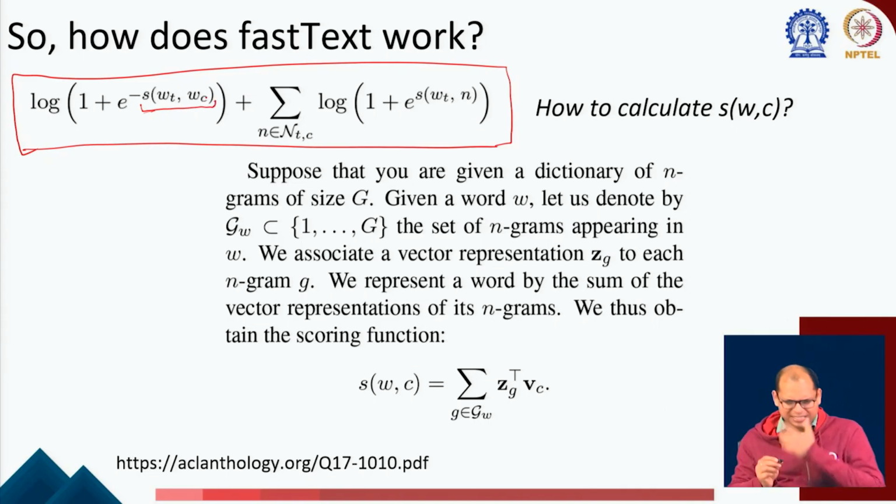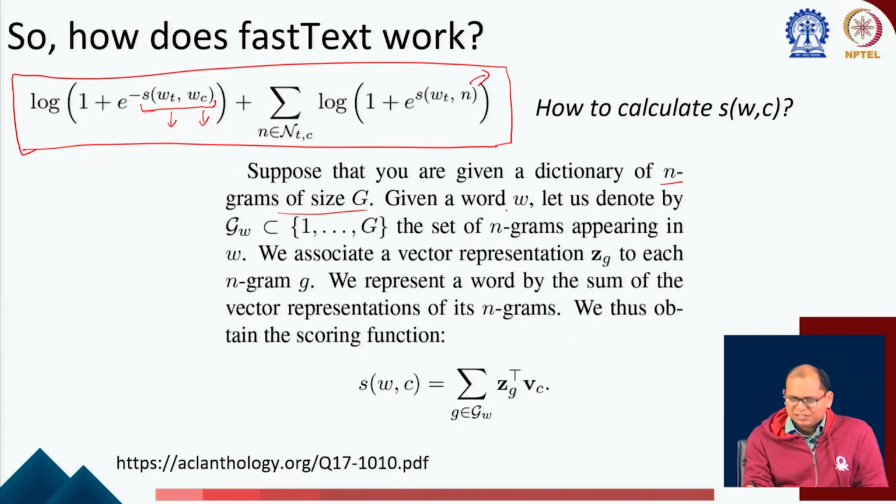Here T is the target word at position T and C is the context word, and similarly this is the negative sample. Let's say I have a dictionary of all possible n-grams: the 3, 4, 5, 6-grams and the words themselves.